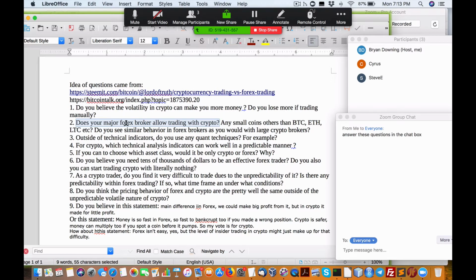Would you rather rely on the major forex brokers to trade your cryptocurrency, or say, screw it, and go to the many small exchanges out there like BitThumb and Binance? Would you put your efforts into trading through those exchanges, or just rely on your forex broker?